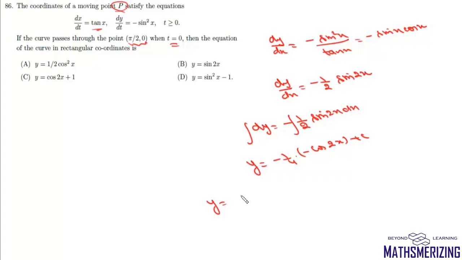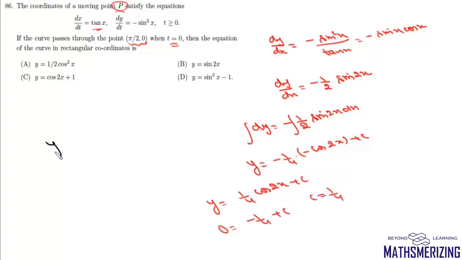So this y will be 1 by 4 cos 2x plus c. Now we are given this initial condition that when x is pi by 2, y is 0. So we'll put y as 0 and x as pi by 2, which will be cos pi. So it will be minus 1 by 4 plus c. So value of c is simply 1 by 4.